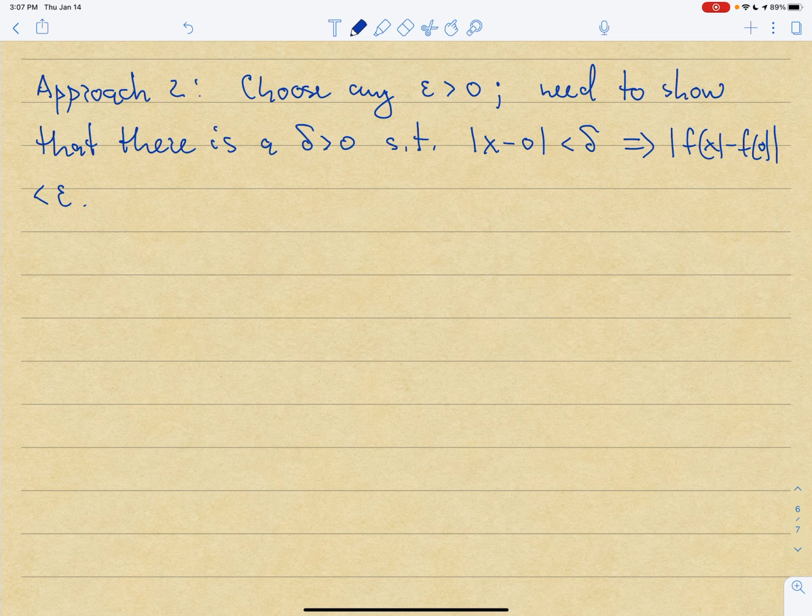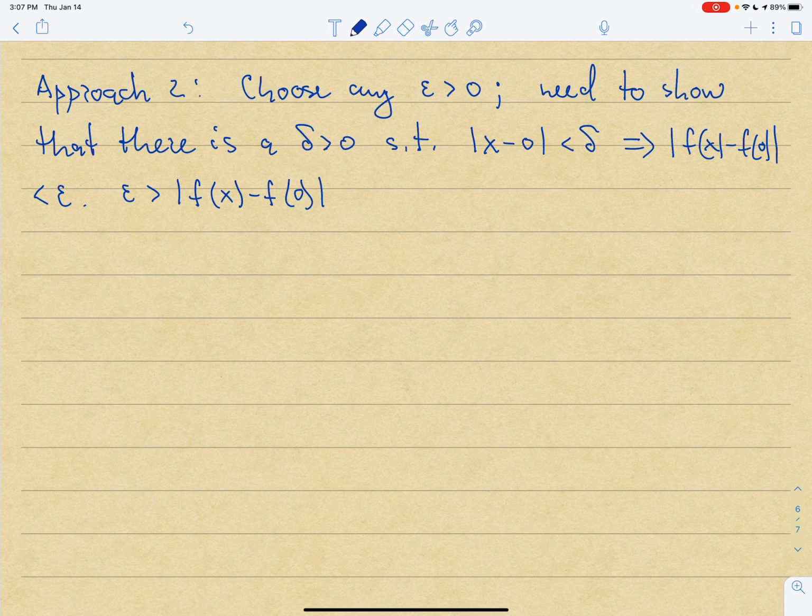So how do we choose delta? Let's suppose for a moment that epsilon is greater than the absolute value of f of x minus f of 0.